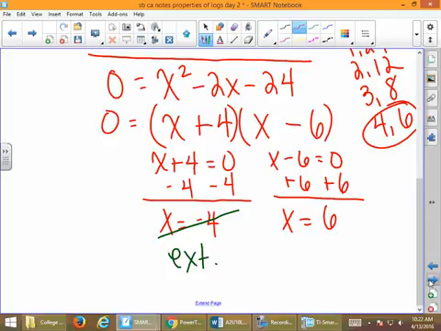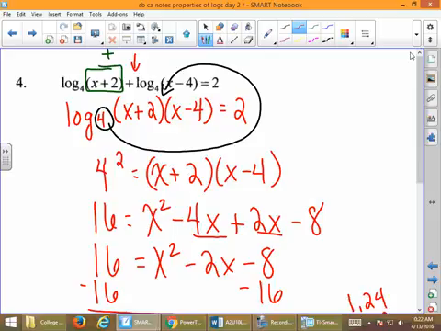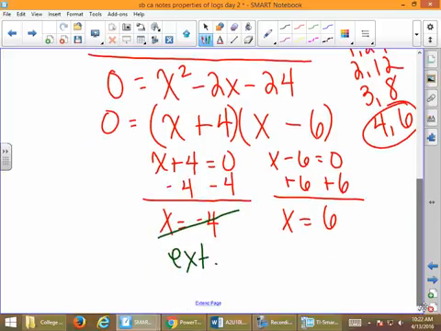So let's hope that 6 is a solution, but by the way, you can have no solution to these problems. 6 doesn't have to be a solution. But 6 plus 2 is 8, which is positive. And 6 minus 4 is 2, it's also positive. So we do have a solution to this problem, and that is x equals 6.